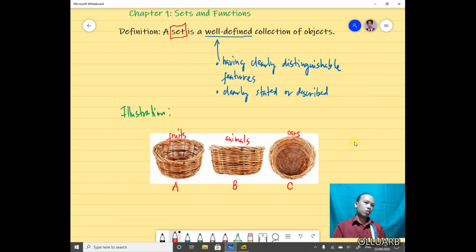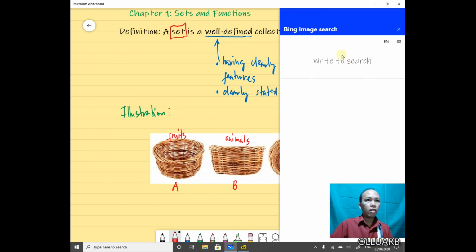So when you have an object, let's say for example we have an apple. If you have an apple, let's search for an apple here. Let's have an apple here.